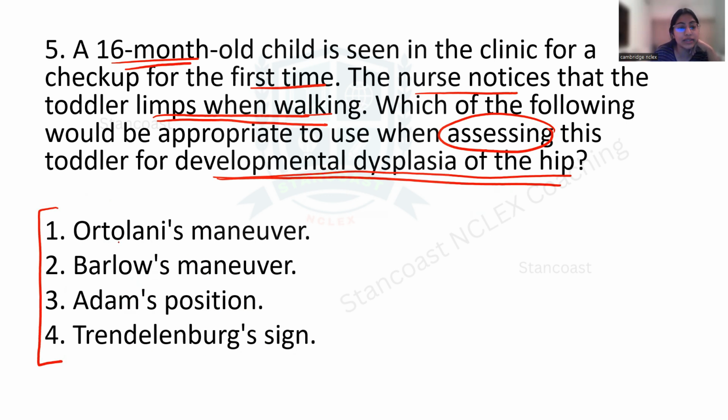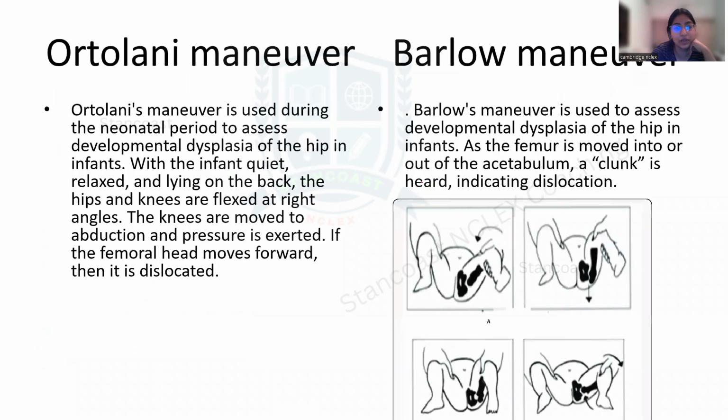We have to see what these maneuvers are, and which assessment is helpful for a toddler having displacement of the hip. Now let's first see what Ortolani's maneuver is. Ortolani and Barlow maneuvers are both used to check hip displacement.